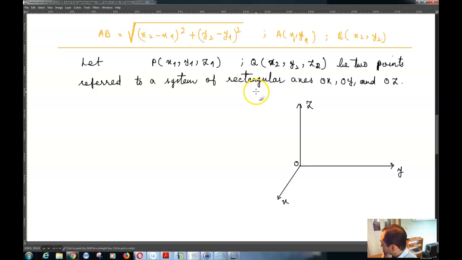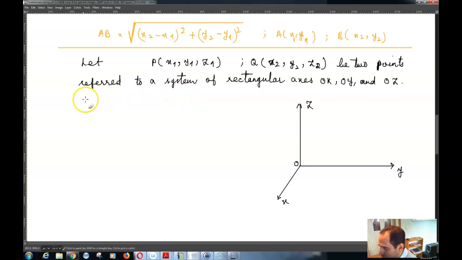And through the points P and Q, you want to draw planes parallel to the coordinate planes so as to form a rectangular parallelepiped with one diagonal PQ. So basically, I will write down this sentence, and then we will break it down to understand it, and then we will move on from there.